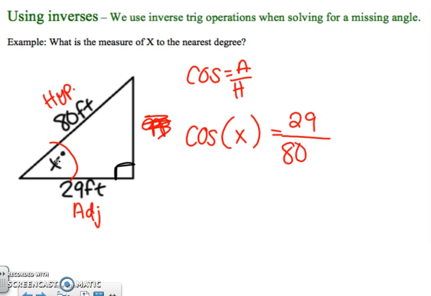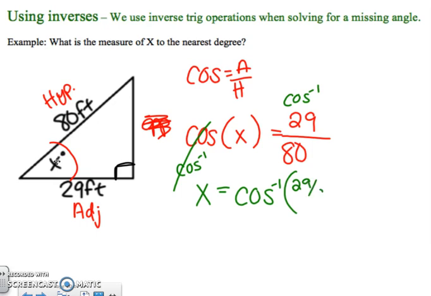Now, this looks like something we know how to do. We know the inverse, the opposite of a cosine is an inverse cosine, so cosine -1. I'm going to do it to this side as well. Goodbye cosines. So I would get x equals the inverse cosine of 29 over 80.